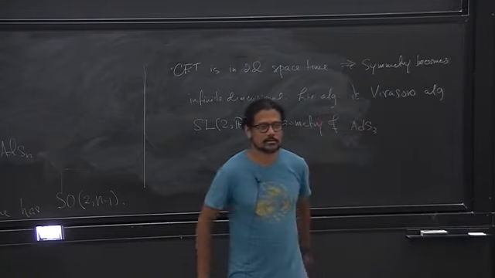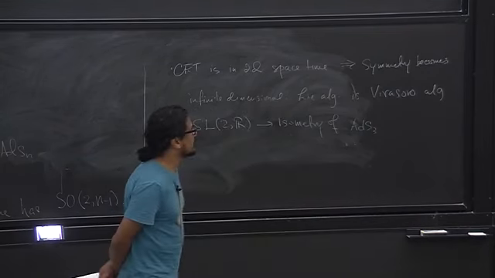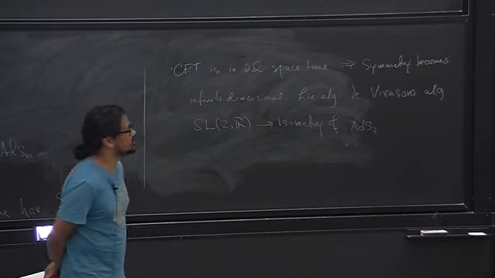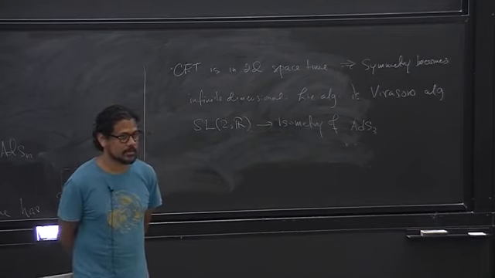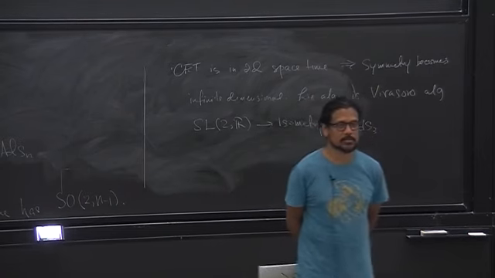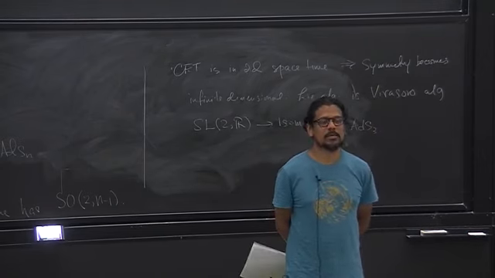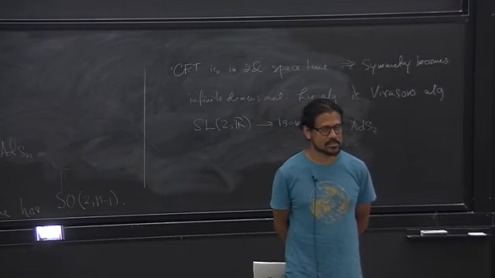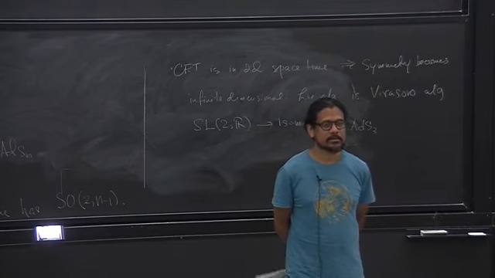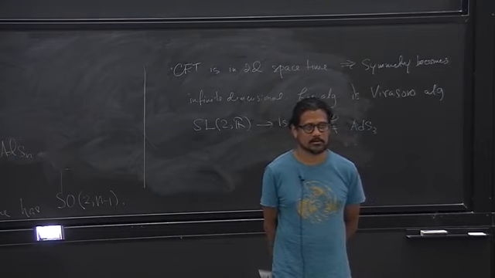Is SO(n,m) the same as SO(m,n)? No. If it were, then we would say SO(1,3) is the same as SO(3,1). SO(3,1) would be in a space where we have 3 time dimensions and 1 space dimension, whereas SO(1,3) would be the Lorentz group in a space which has 1 time dimension and 3 space dimensions.